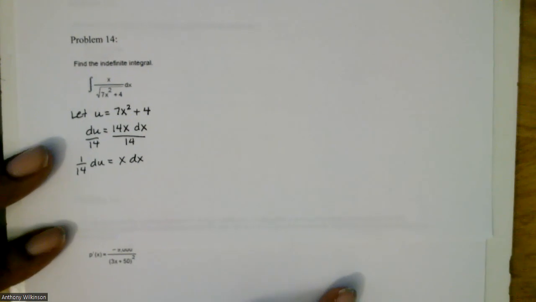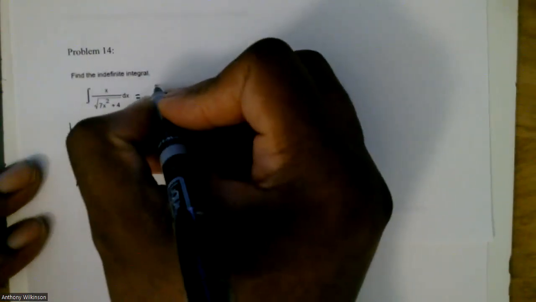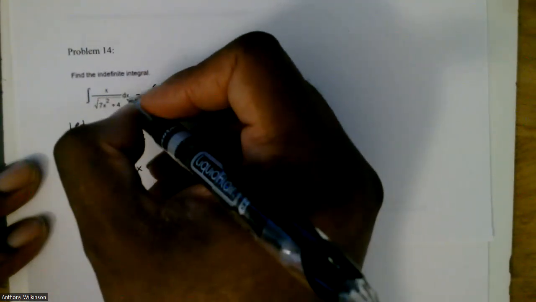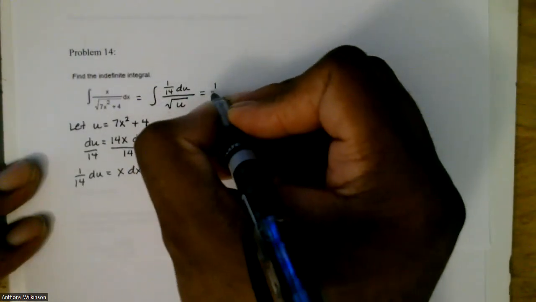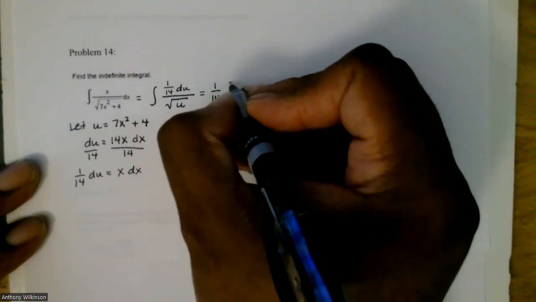So here, this is where the substitution comes in. So the integral of x dx will be that 1/14 du, divided by the square root of 7x squared plus 4, which will be replaced with the u. So this is why I have 1/14 du divided by u as this integral. That 1/14 is a constant, so I'll pull the 1/14 out in front.